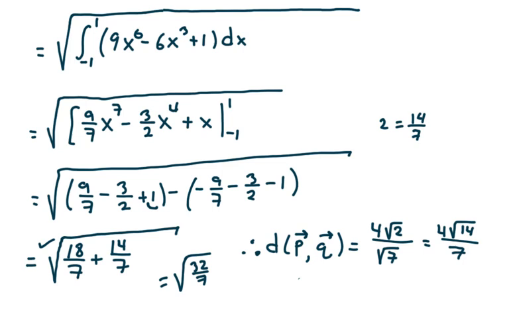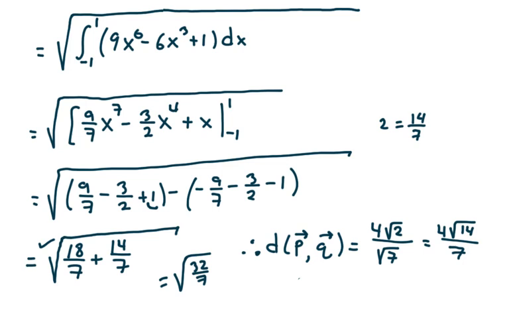Replace x with 1, and I get 9/7 minus 3/2 plus 1. And then I'm going to go minus, and then I'm going to replace x with -1 to get -9/7 minus 3/2 minus 1. And I'm going to take the square root of the whole thing.